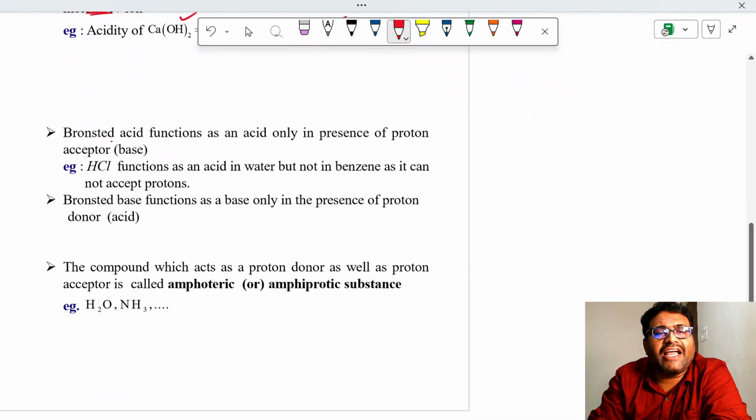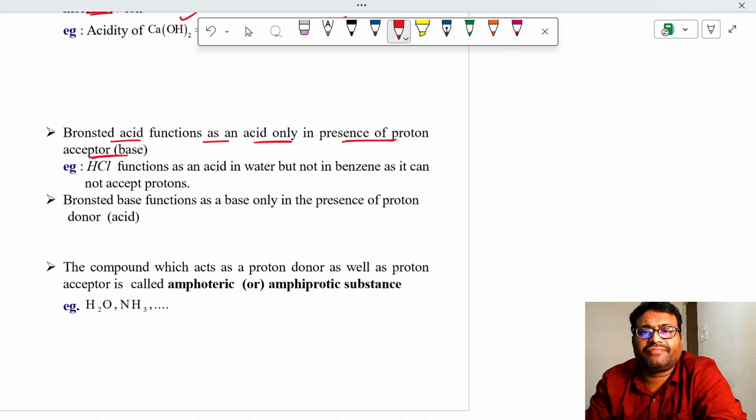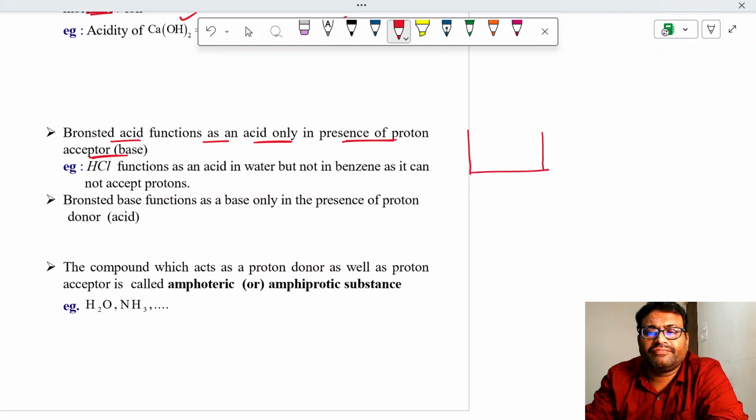So a Bronsted acid functions as an acid only in the presence of a proton acceptor. For example, let us take water. If you add acid, then HCl plus H2O, considering this as a reversible reaction, you get H3O plus, Cl minus.